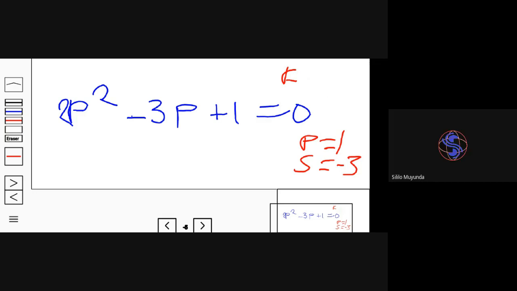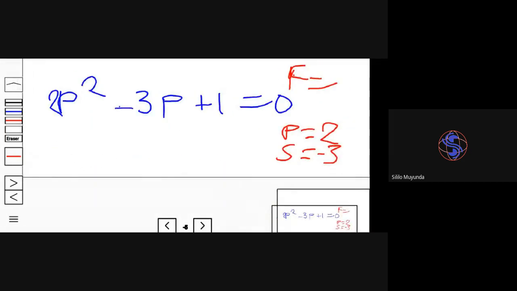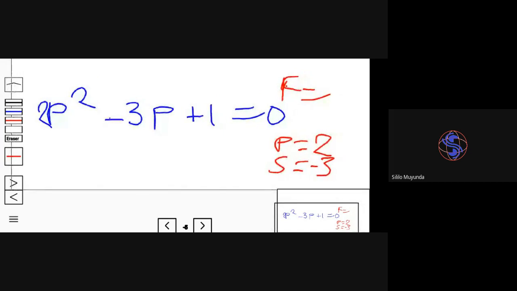The product is 2, since 2 times 1 is 2. So having a positive product and a negative sum means we're going to go for negative factors. The factors are minus 1 and minus 2.